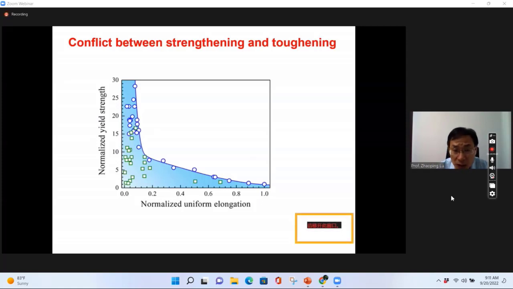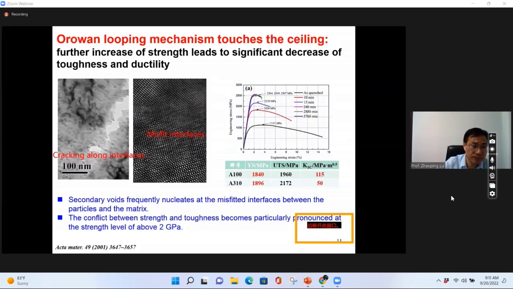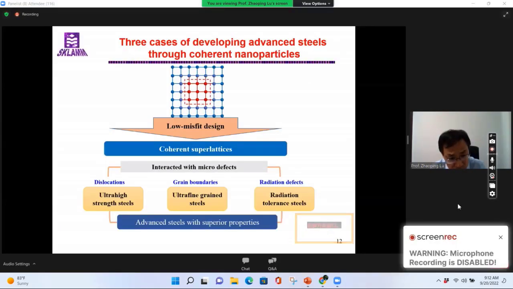So it is very difficult to further increase the strength without sacrificing ductility. The looping mechanism faces the same problem, because you see the A310 steel, which should be the next version of the A100. The strength increased by 100 to 200 megapascal, but the toughness dropped to below 50, as the left image shows.